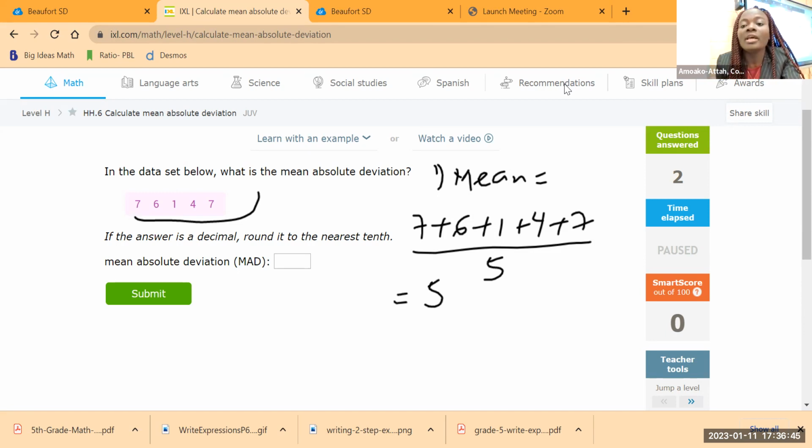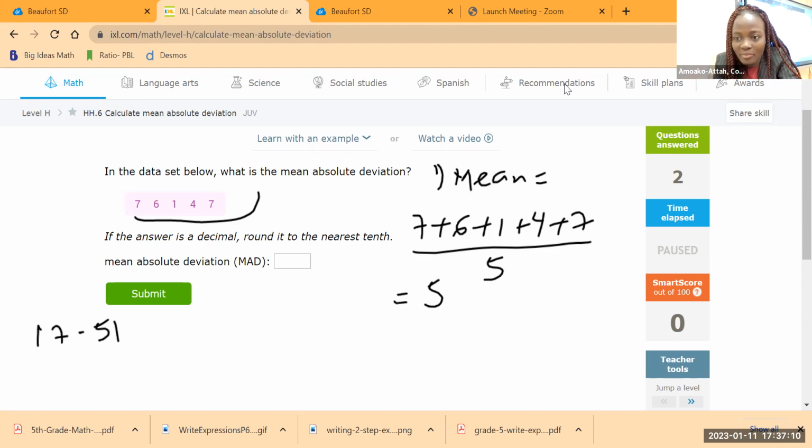Good. When you get your mean, now find the absolute deviations.